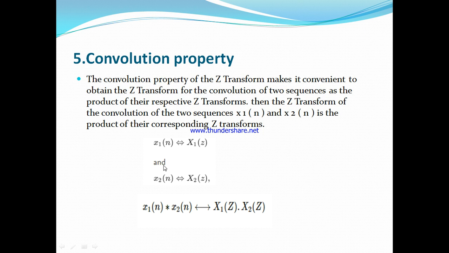So the convolution of these two signals, x1 of n convolved with x2 of n, gives X1 of z into X2 of z. So this is the convolution property. The convolution of these two signals tends to the product of their respective Z transforms. Okay, thank you.